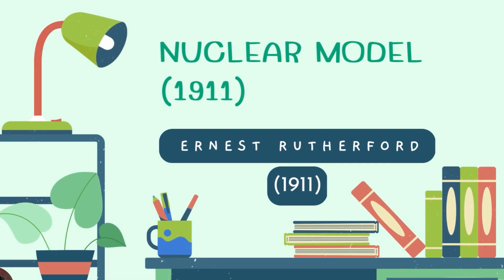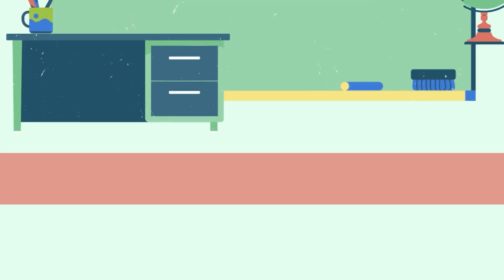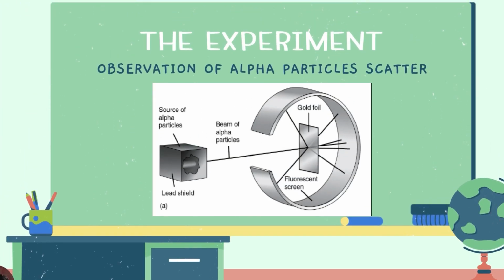Next up, we're going to look at the nuclear model by Ernest Rutherford back in 1911. Due to the nature of human curiosity, Ernest Rutherford and his students, Hans Geiger and Ernest Marsden, not related to Ernest Rutherford, performed an experiment that denied Thomson's model.